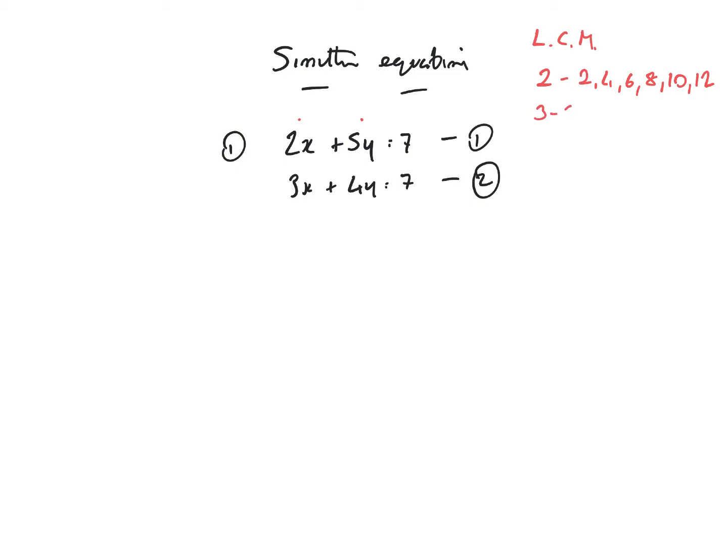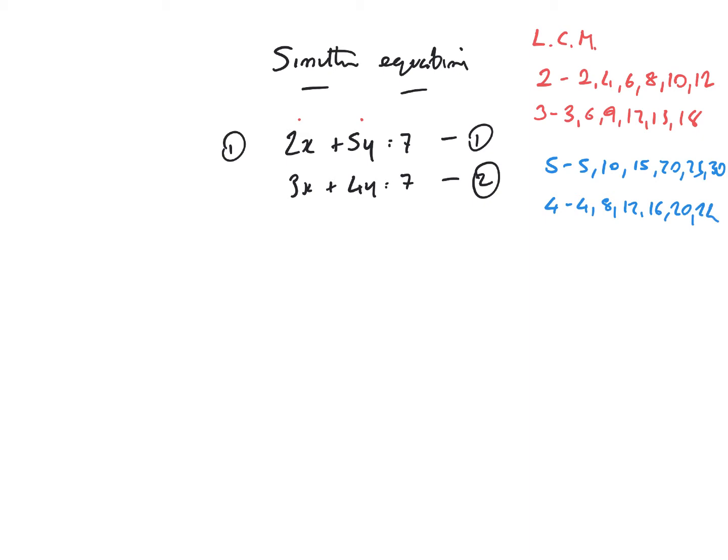For 3, it would be 3, 6, 9, 12, 15, 18, and I could keep going. Now, if I was going to get rid of y's, I'd look for the lowest common multiple. So for 5, it would be 5, 10, 15, 20, 25, 30, and I could keep going. For 4, it would be 4, 8, 12, 16, 20, 24, and I could keep going.